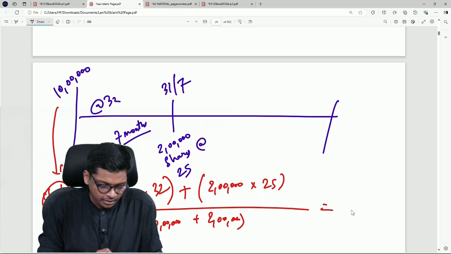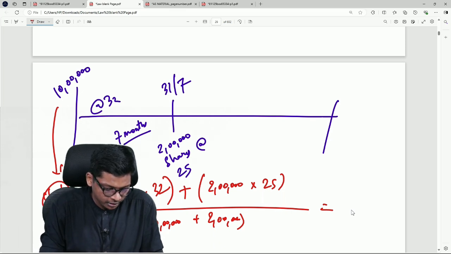We get 10 lakhs into 32 plus 2 lakhs into 25.